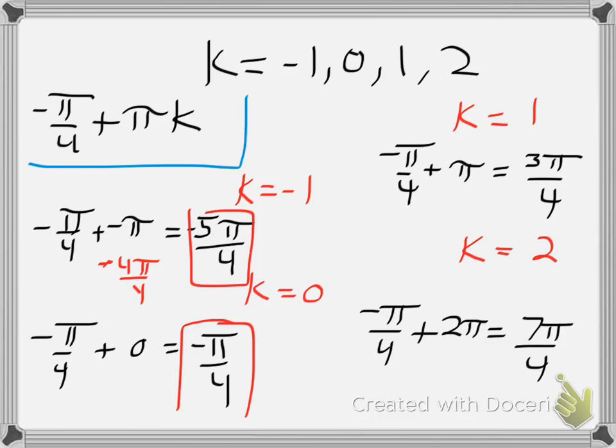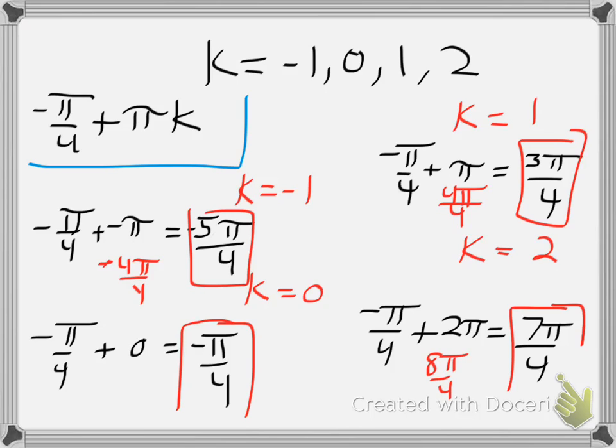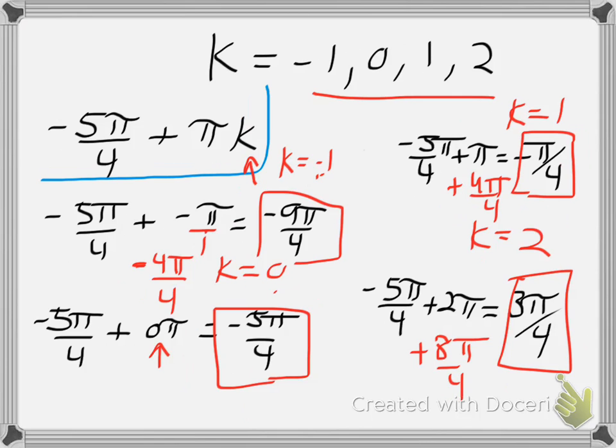When k is positive 1, that gives me pi, or again a positive 4 pi over 4, which when I add will give me a positive 3 pi over 4, and then 2 pi again becomes 8 pi over 4, and I add to get 7 pi over 4. So I have 8 possible solutions.